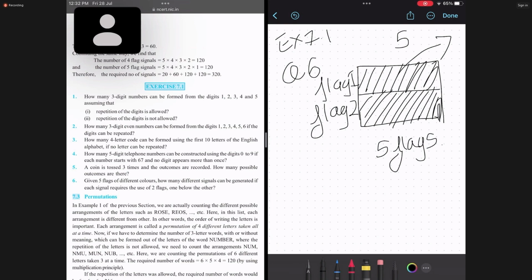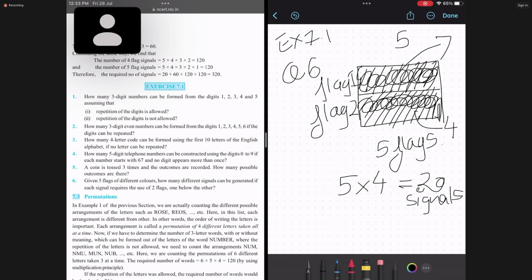But as you have already consumed one of the flags in this choice, in the second part, you are left with only 4 flags, right? So this can be filled up in 4 ways. So the number of distinct signals that could be generated is 5 into 4, which is nothing but 20 signals, correct? And this is your answer.